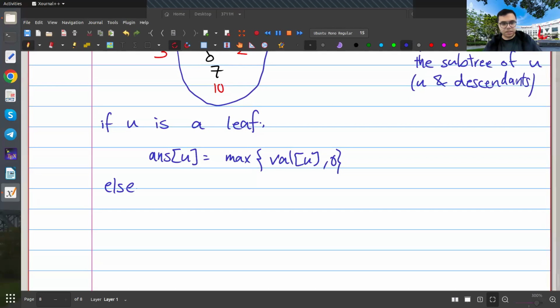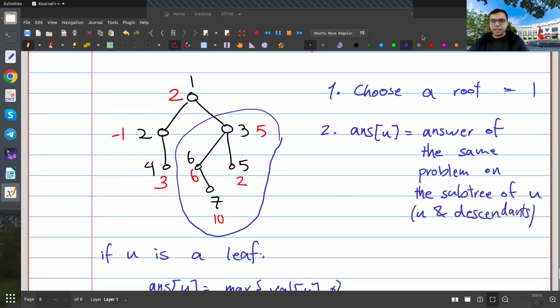Okay. So otherwise, if u is not a leaf, I say my answer is the maximum of two cases. The case where I took the root into my answer and the case where I didn't. Right? So let's see. If I take my root, if I take 3 in my answer, what does that mean?